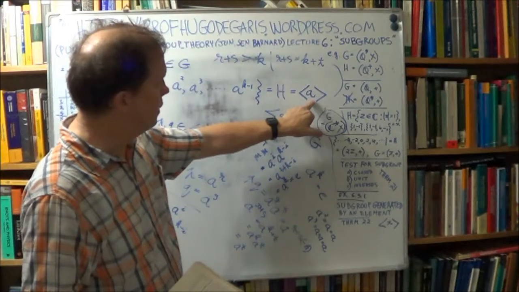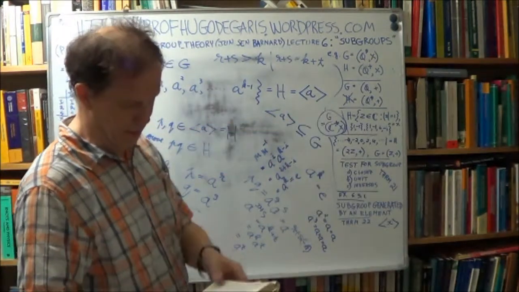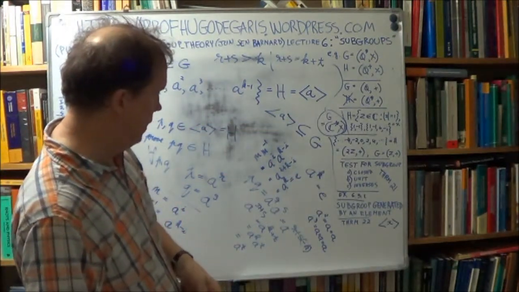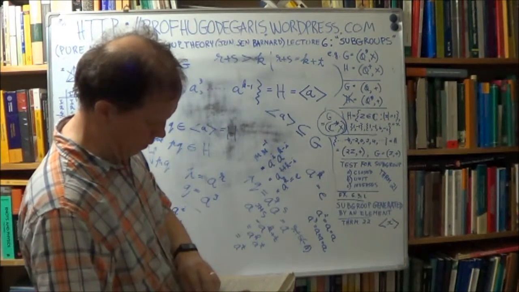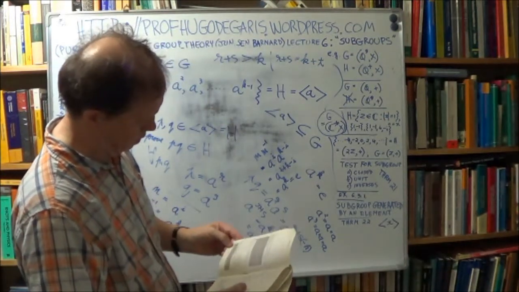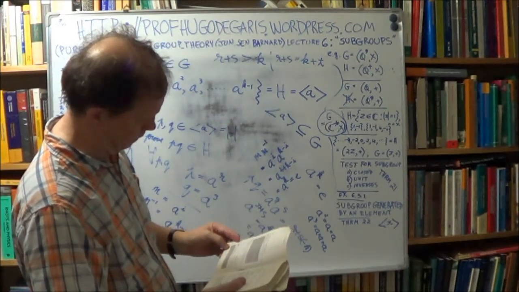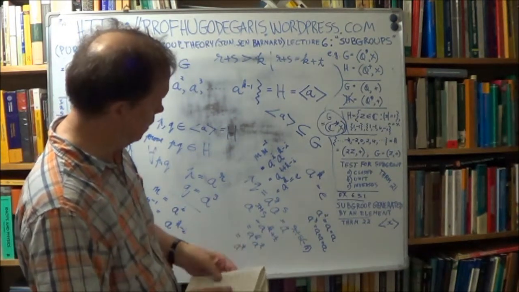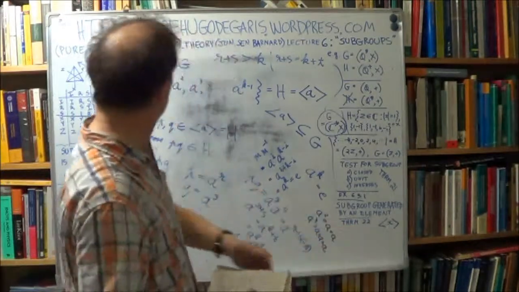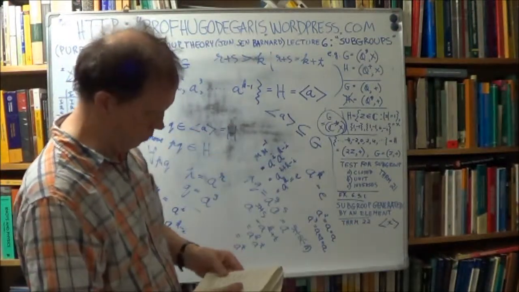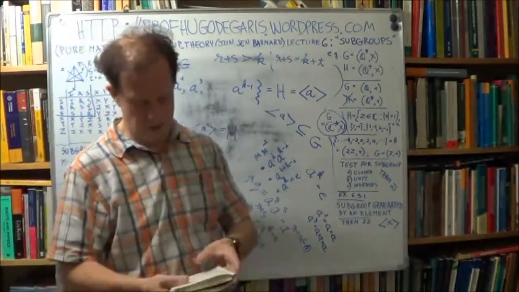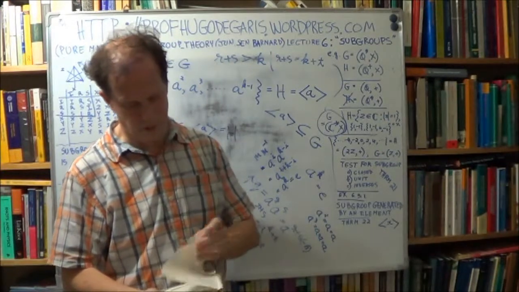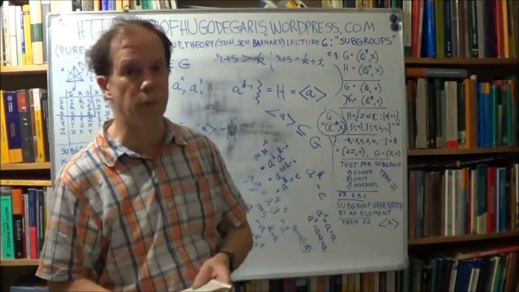So this is a subgroup. So that was the proof of theorem 22. Now I'll stop and then start on the problem solving.